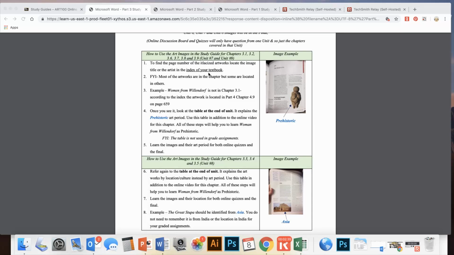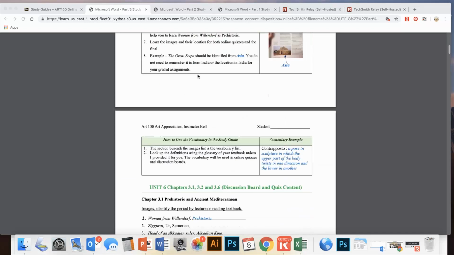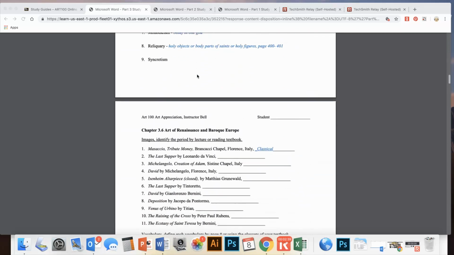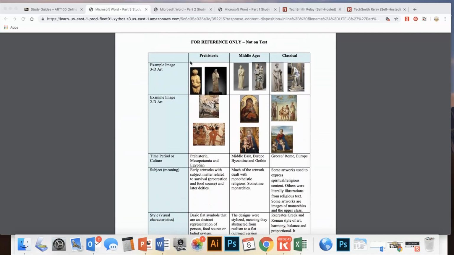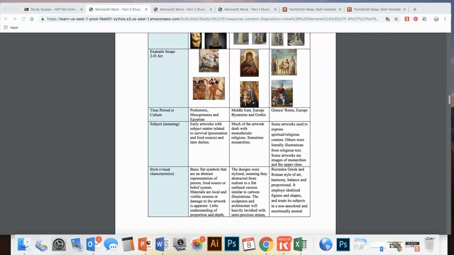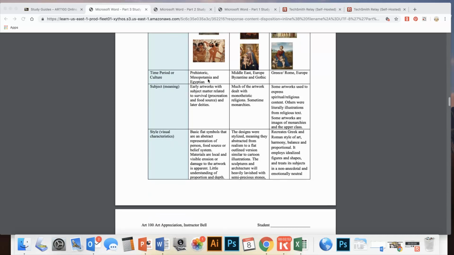Well, why? How do you know that? As a resource, and this is in addition to the PowerPoint videos, I have a chart or a table here. Prehistoric, here are some image examples. Here's 2D and 3D.